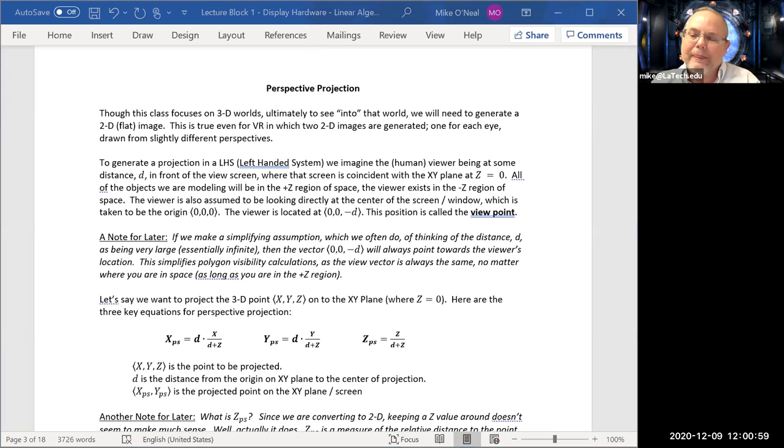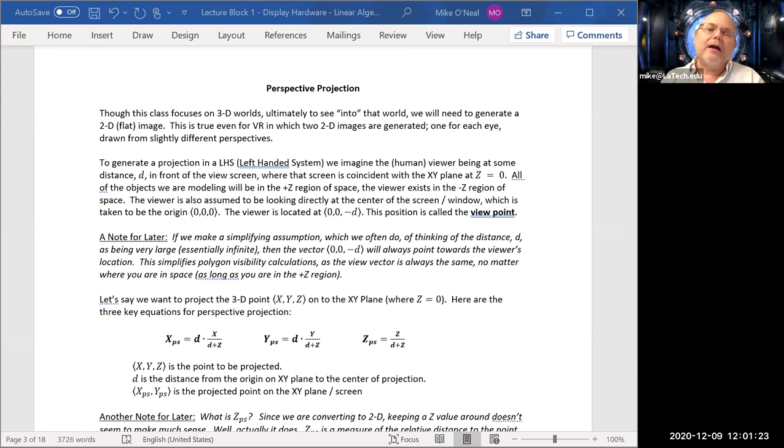Perspective projection, in my last 15 minutes. We started off talking about displays. We then started talking about polygons and how you store polygons. But somehow we have to move from computer graphics in a 3D world to these flat display images.